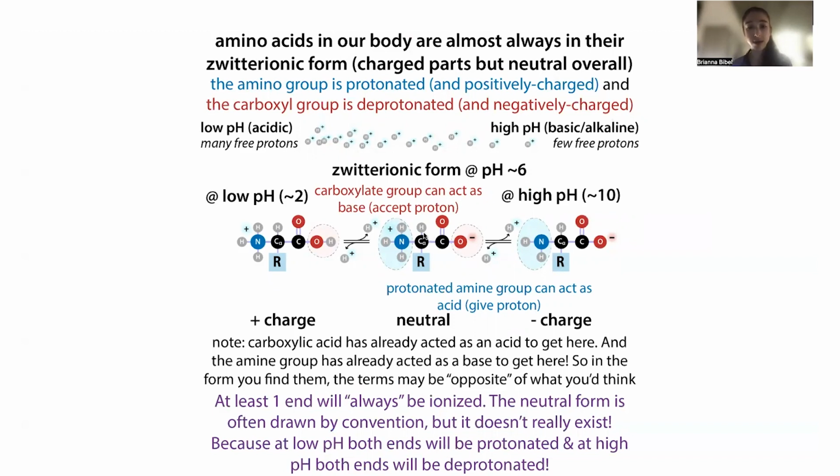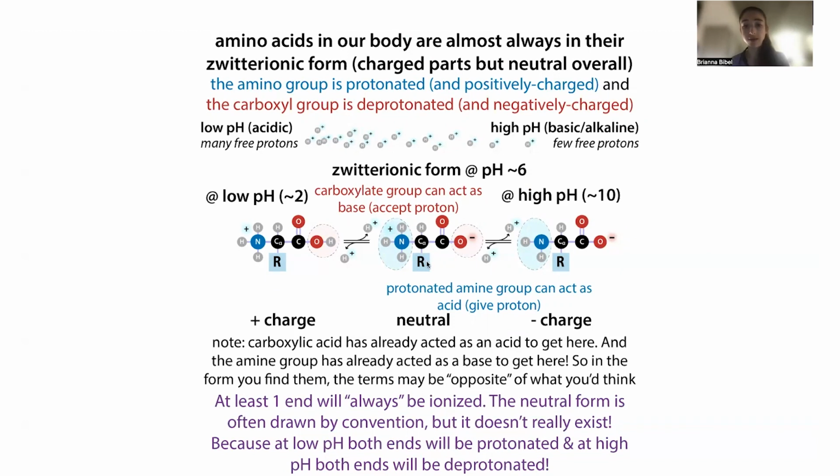It's not the same as polarity. Well, I mean, it's a type of polarity, but it's not the same as partial charge separation. Here, it actually has full charges on these different atoms, but they're separated from one another, and they cancel each other out to give you a neutral molecule. So all the amino acids are going to have this form.